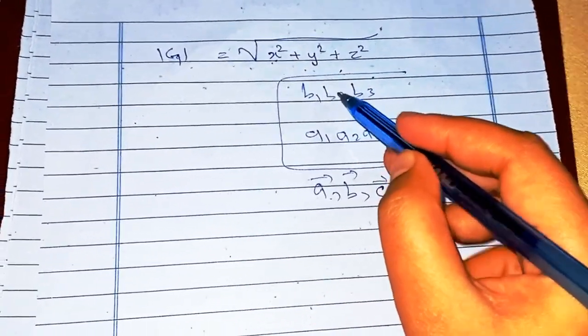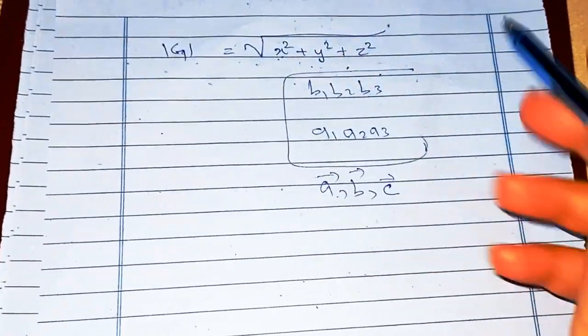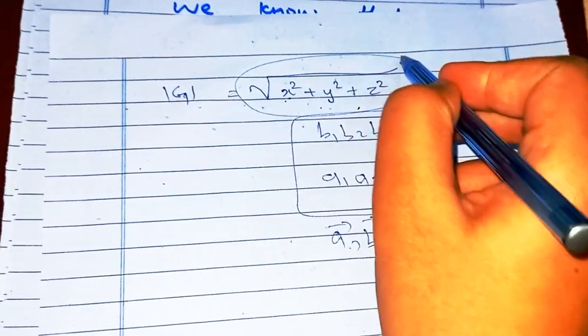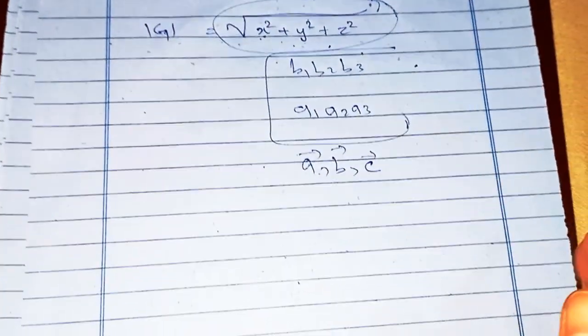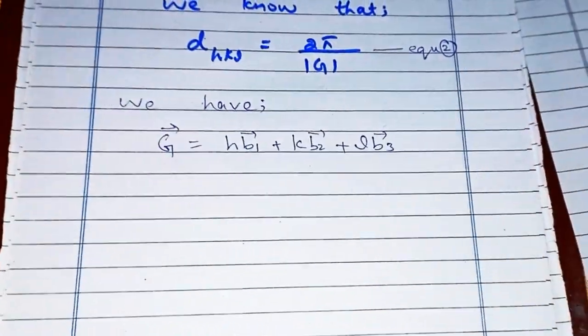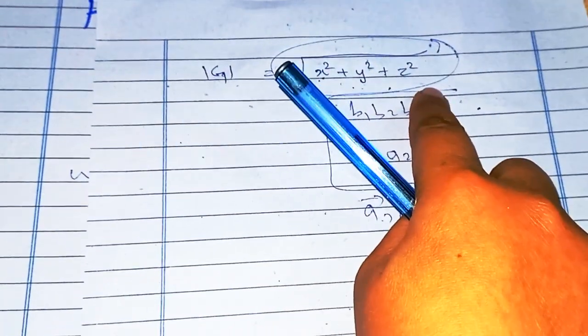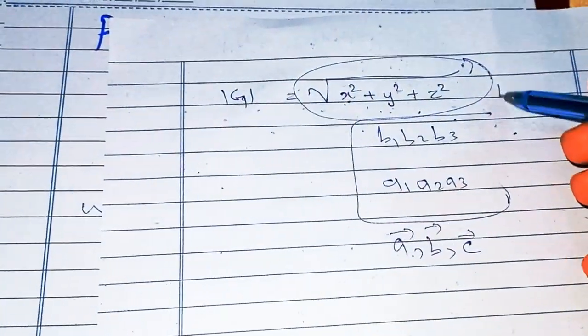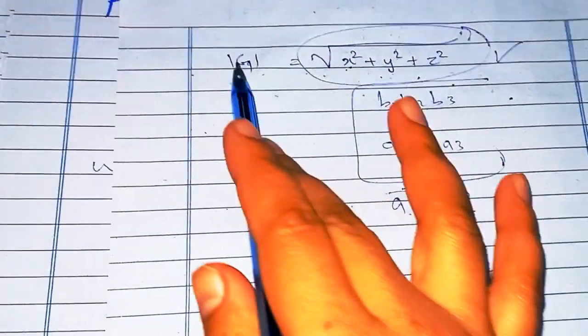The vectors that you are given shouldn't be in any other coordinate system but x, y and z, so what we have to do is convert b1, b2 and b3 into the xyz coordinate system. After that we can use this formula to calculate the magnitude of the G vector.